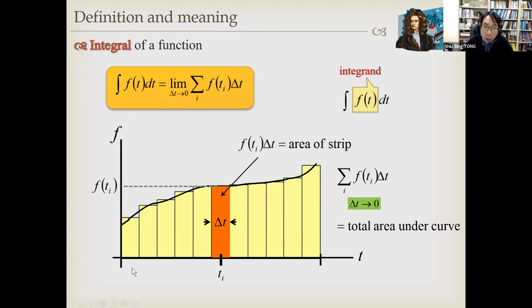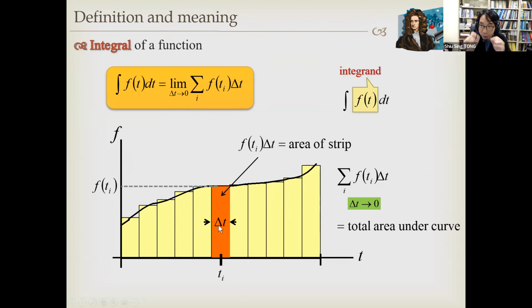So I plot a graph of f versus t, and the black curve is the graph. Now I consider the area bounded below by the graph, and then I chop this area into many thin slices.